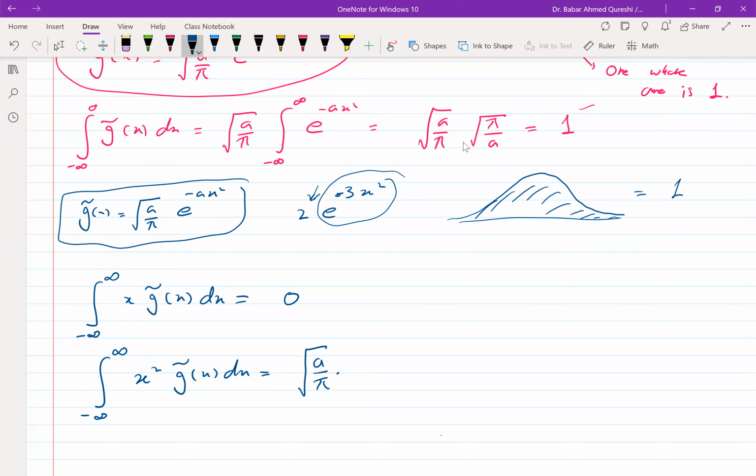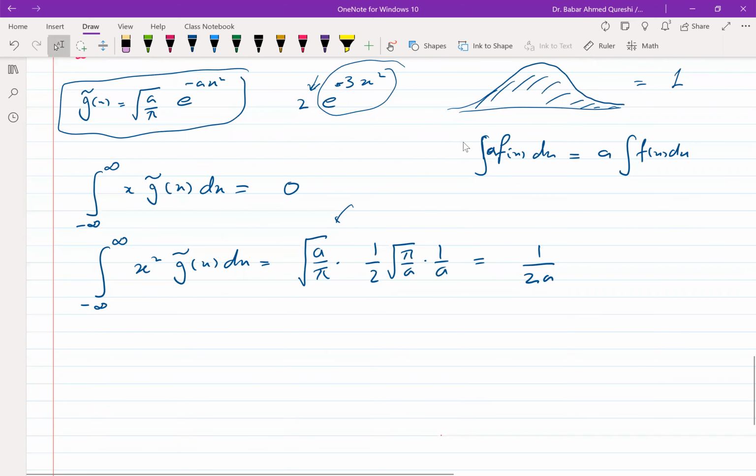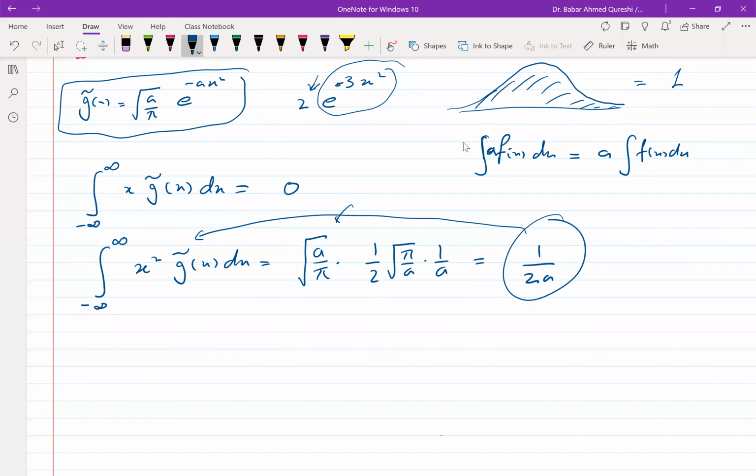That constant comes out, and the rest of the integral is exactly the same as I wrote before. Because when you have an integral like this and you multiply it with a constant, then the constant comes out of the integral. But this gives me an answer equal to 1 over 2a. And this answer will be important.